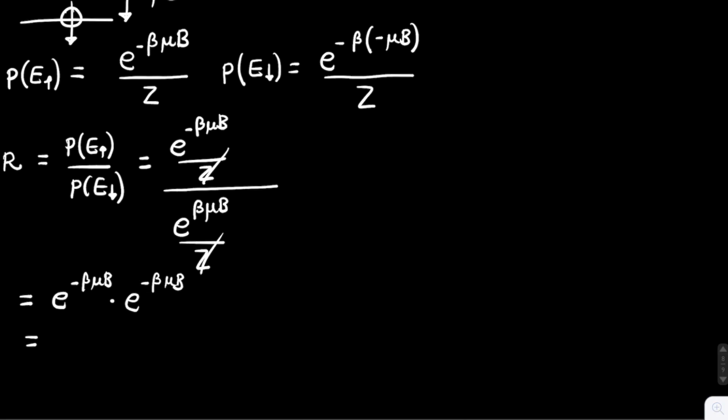And using the additive property of exponentials, we can simply add these two together. So we're going to get e to the minus 2 beta mu b. So this right here is going to give us the ratio of particles in the spin up state to the spin down state.